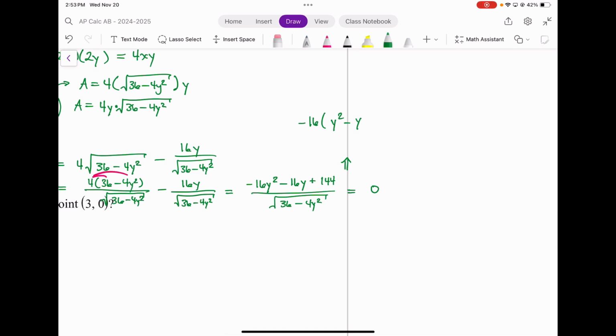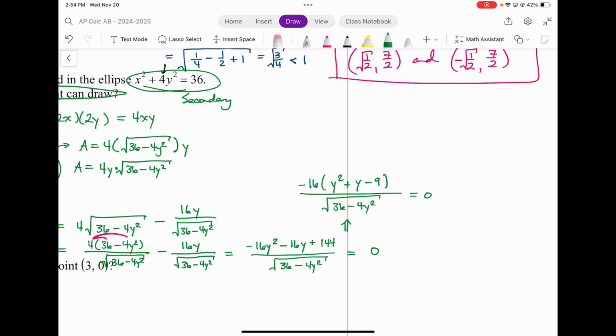So this would be plus y, plus minus, so minus 9, over the square root of 36 minus 4y squared. That should equal 0.